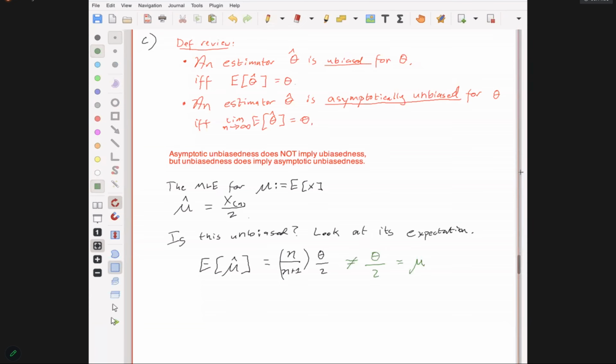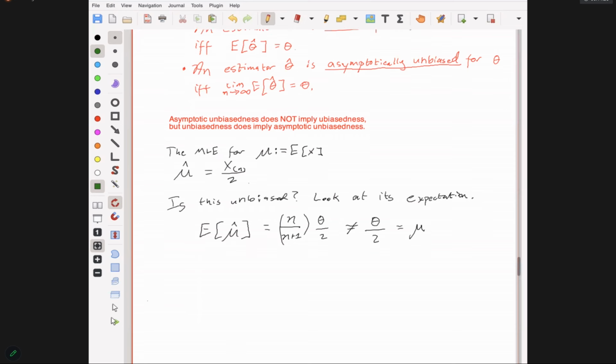So, this is our estimator for mu. But the expectation of our estimator is not equal to the parameter itself, mu. And so we would say that this is not unbiased. Or in other words, it is biased.